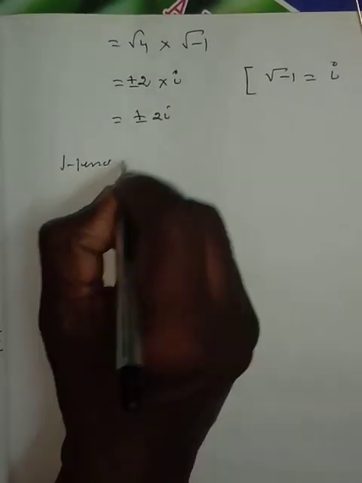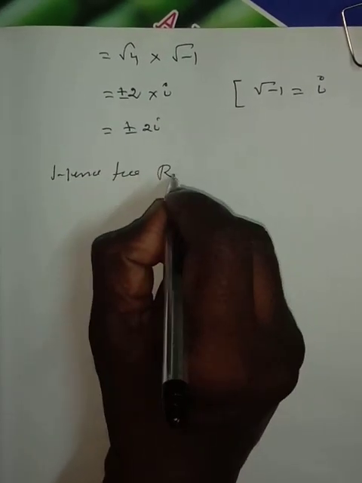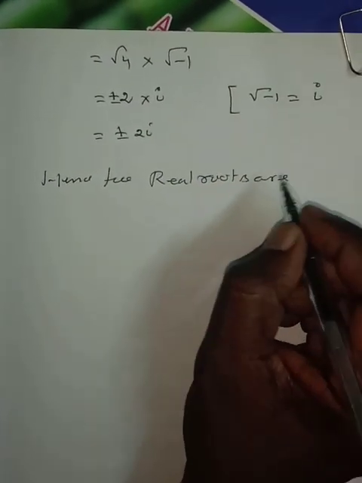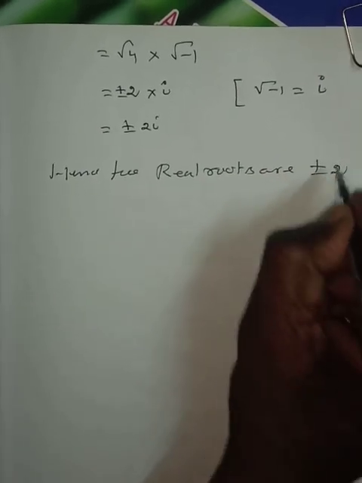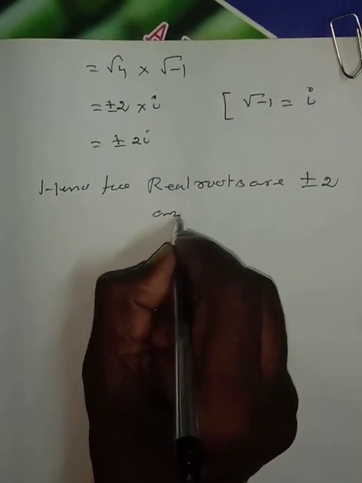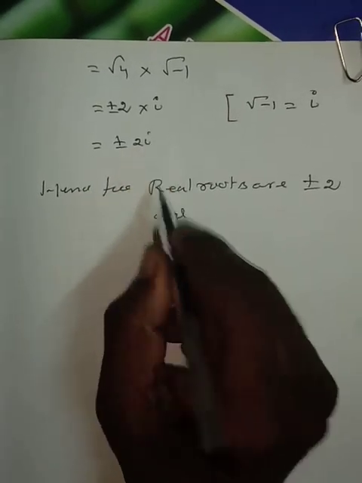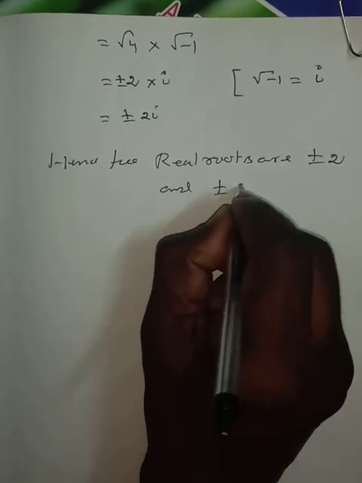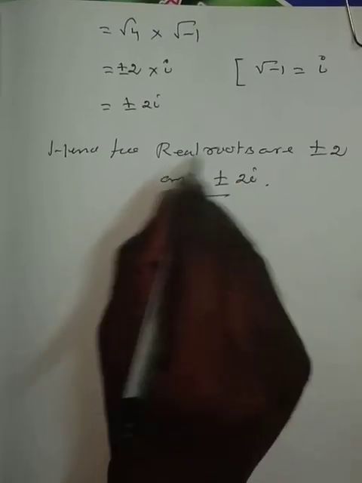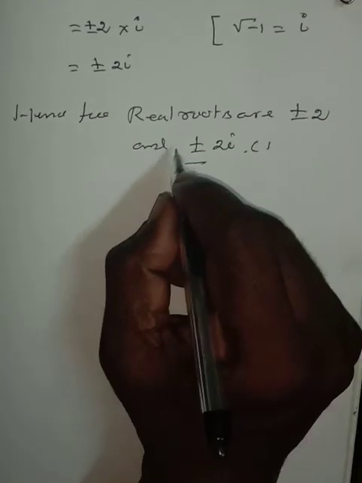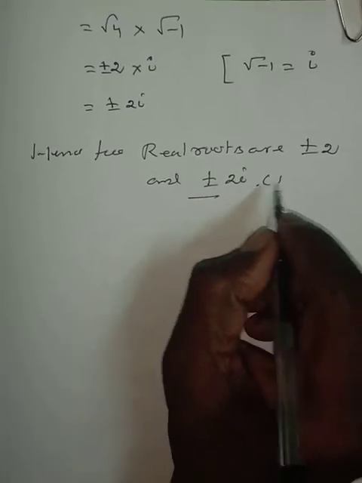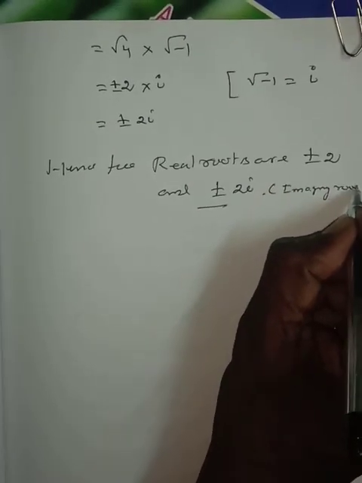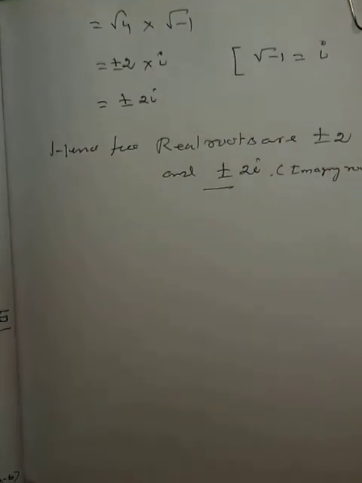Hence the real roots are plus or minus 2, and the other two are complex numbers. The four roots are plus or minus 2 and plus or minus 2i. These are real roots, and these are imaginary roots.